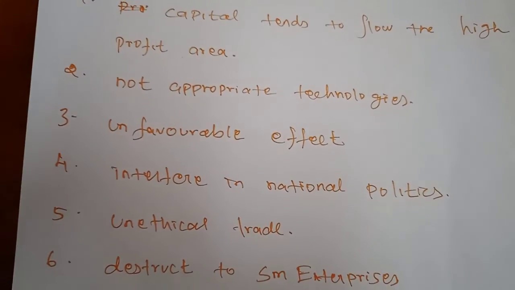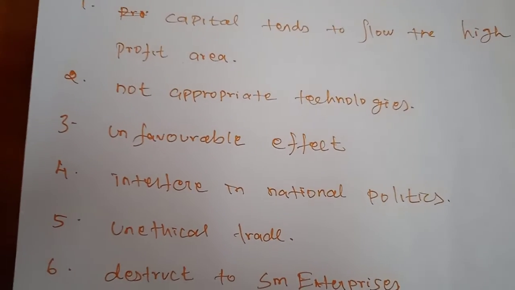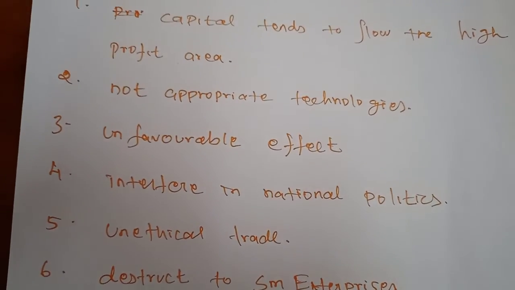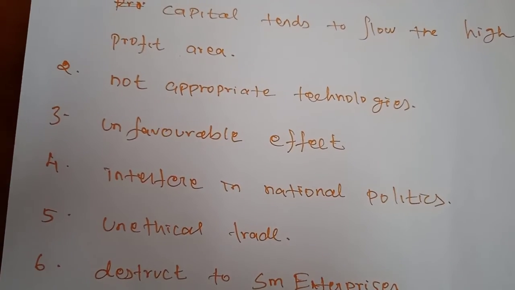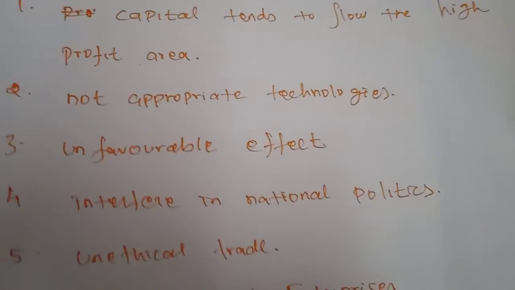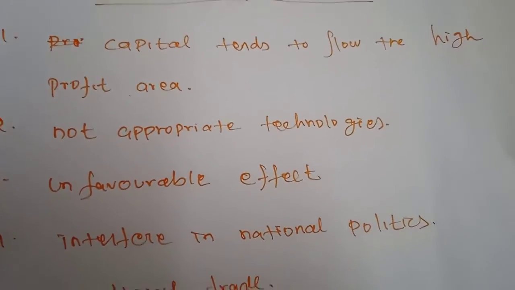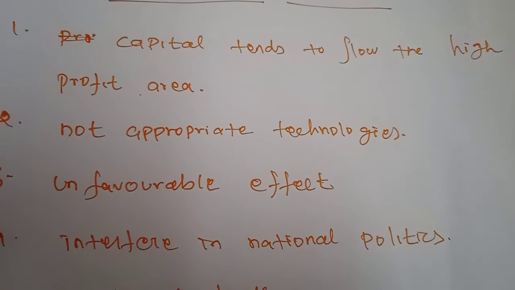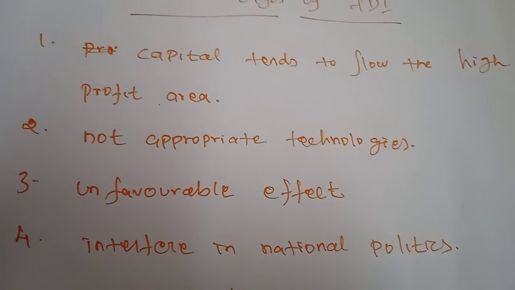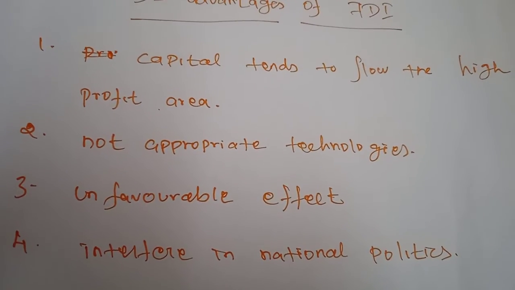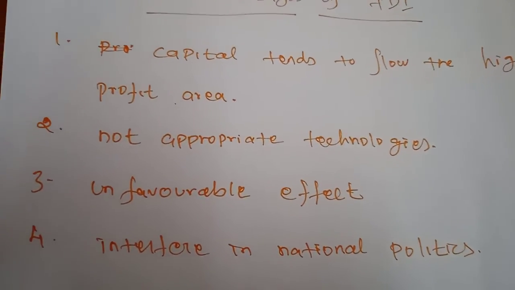The technologies brought in by foreign investors may not be appropriate to the consumption needs, size of the domestic market, resource availability, stage of development of the economy, etc. Even if we can transfer technologies from the developed nations, these technologies will not be helpful to our developing nations.